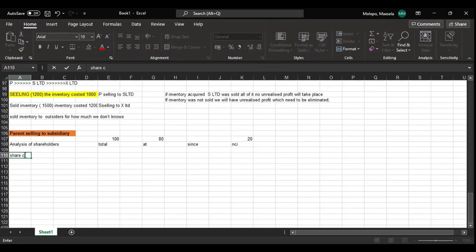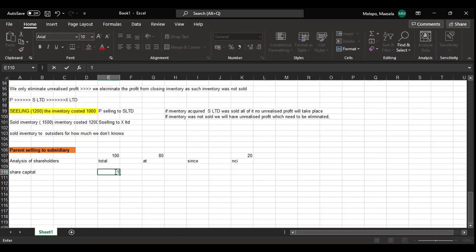We've got share capital, which they say is 100, then 80,000, and then 20,000, and then we have purchase difference.